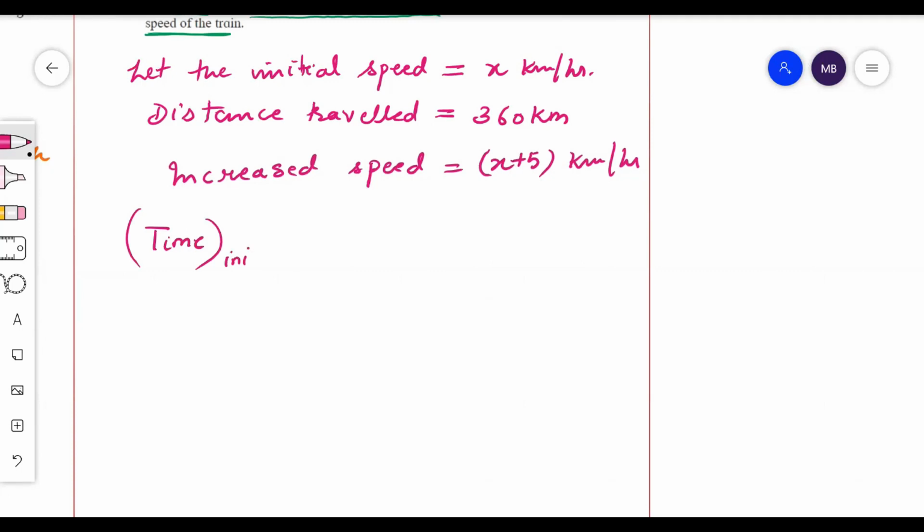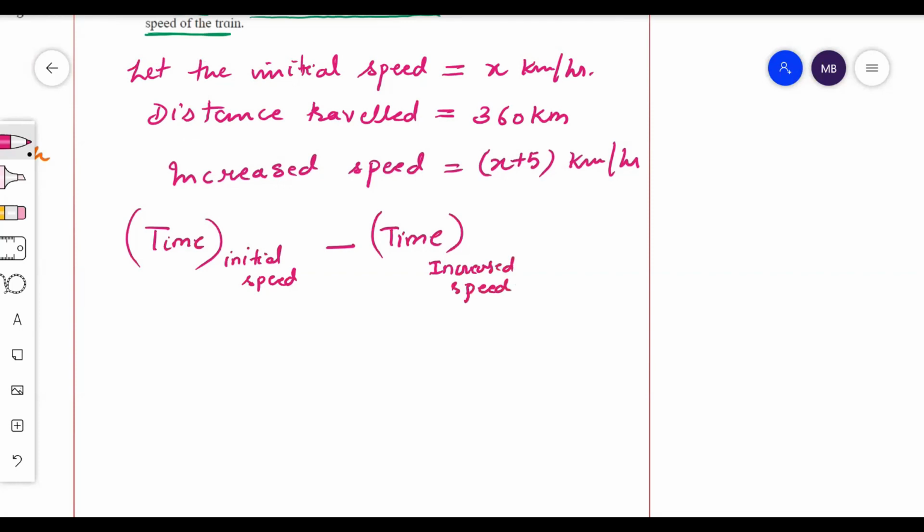Time taken with increased speed would be less. How much less? 48 minutes less. So time taken with initial speed minus time taken with increased speed.